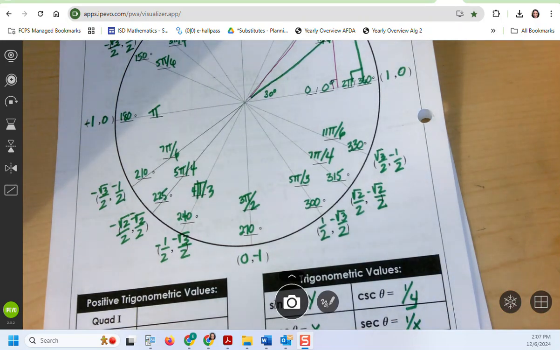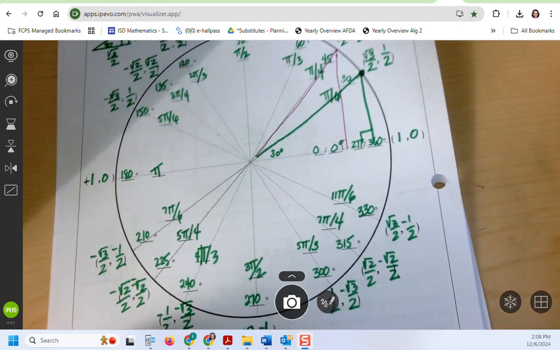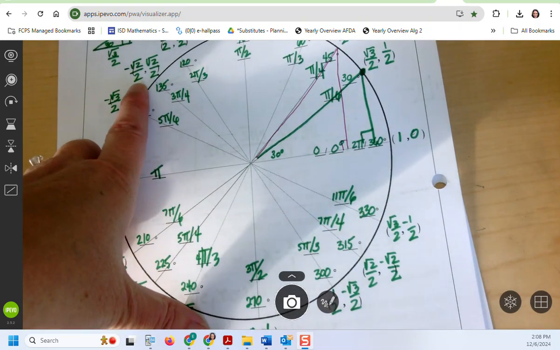All right, now, the power of the unit circle is that we know that the cosine is your x value and the sine is your y value, right? So now, if somebody asked you all of a sudden, hey, tell me the cosine of 135 degrees, you would say what? The cosine of 135 degrees, you go to that unit circle, and you find, which one is it?